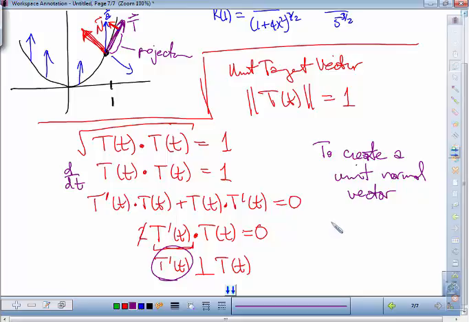So we'll call this capital N with an arrow on top. That's the unit normal vector. This is T'(t) divided by the magnitude of T'(t). And all these T's over here should have arrows on them because it's a vector.